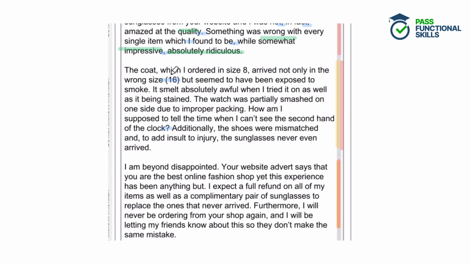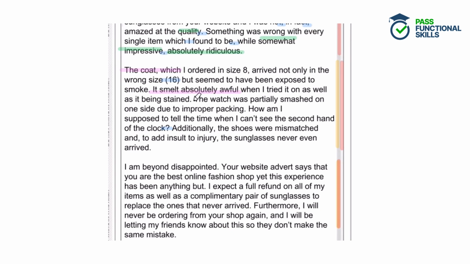So for example, in the second paragraph, we've got the first sentence about the coat, which is in the wrong size and was exposed to smoke. And then the second sentence gives some more detail about this, saying it smelt absolutely awful. So still talking about the coat and linking to the first sentence.